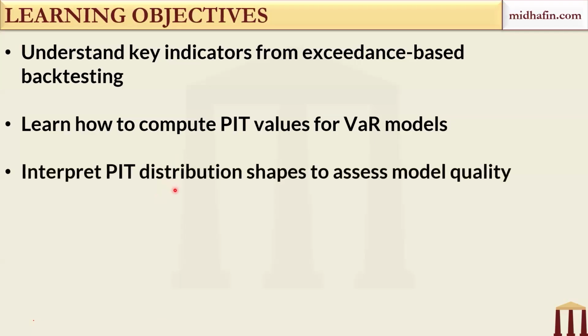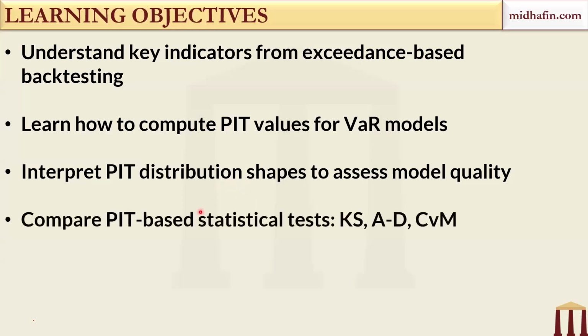Third, we look at the distribution shape of the PITs and how it can signal if a model is too conservative, too aggressive, or just right. Visual interpretation is very important over here. And finally, we'll compare different goodness of fit tests that help us assess how well the PIT values follow a uniform distribution.